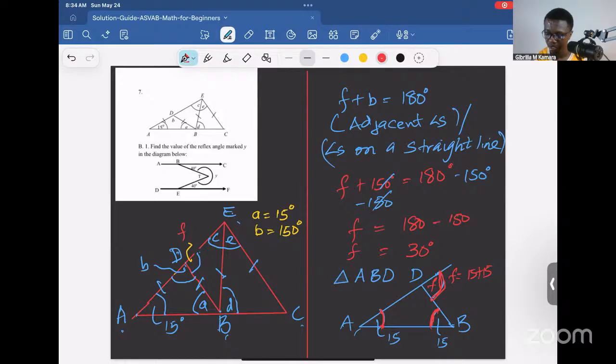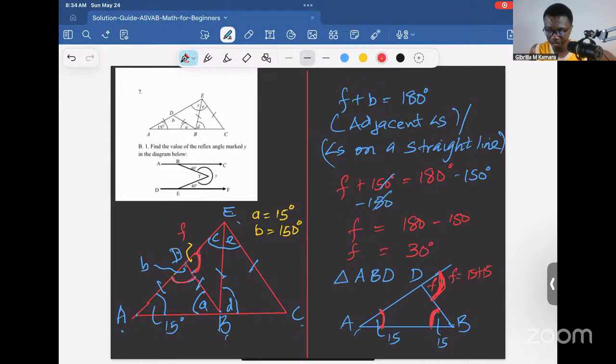Okay? Always. This angle outside is equals to the sum of these two here. And that is it. So we would have used that property. We still get F as 30. But without using it, by just using the adjacent relationship here, this angle and this angle, they are on a straight line. So that still gives us the answer, right?